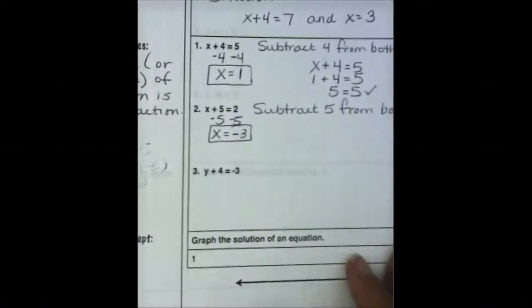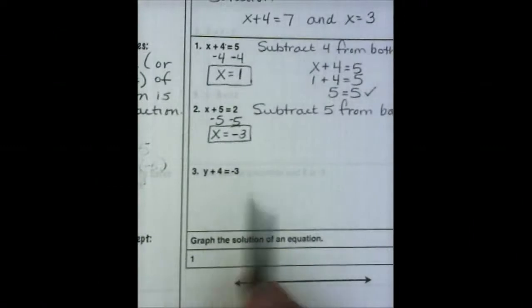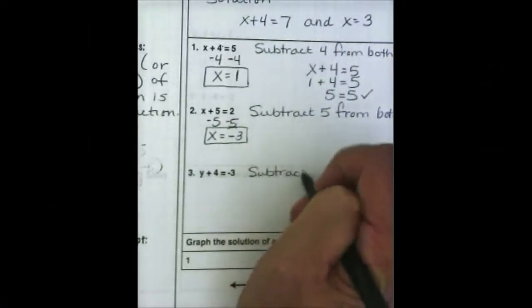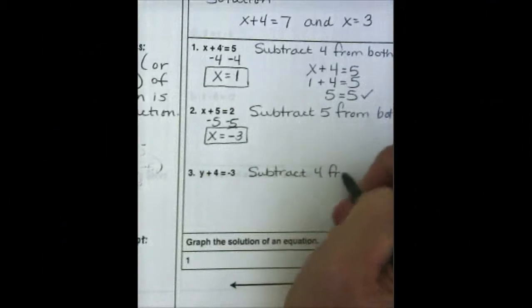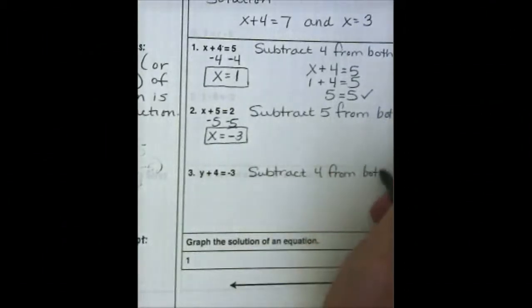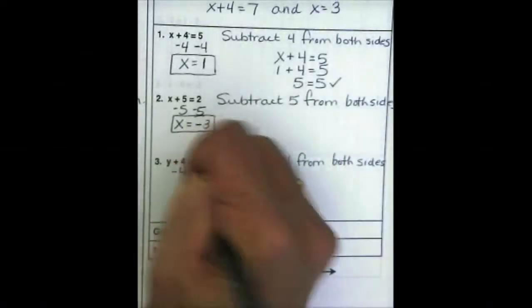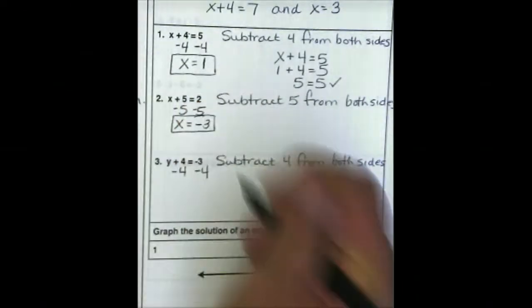And in our last example, number 3, we have y plus 4 equals negative 3. We're going to subtract 4 from both sides in order to undo the addition. So y plus 4 minus 4, negative 3 minus 4.